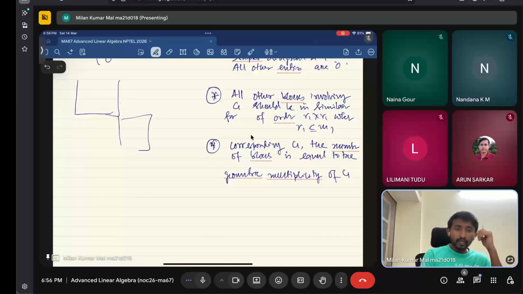In that case, the linear operator will always have eigenvalues. So, corresponding to a specific eigenvalue c1, first you have to give a block of order m1 by m1 which looks like this.